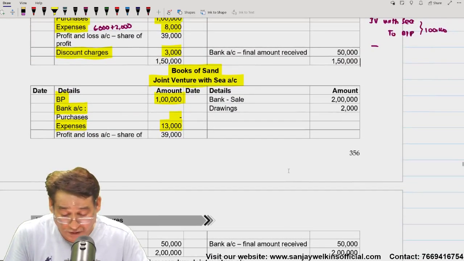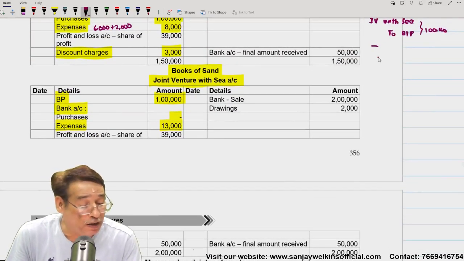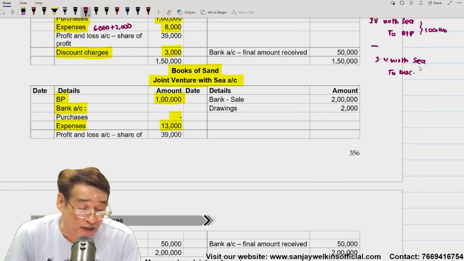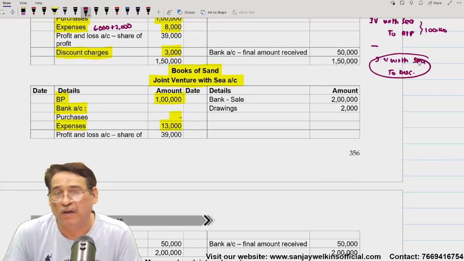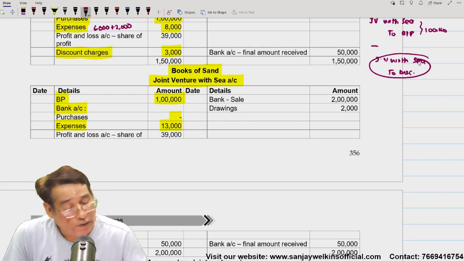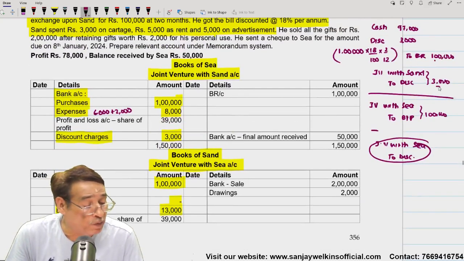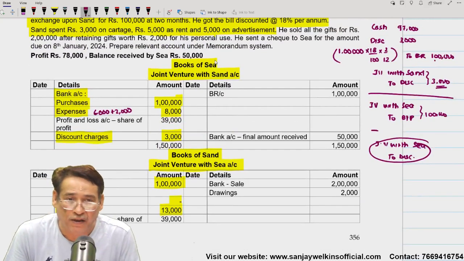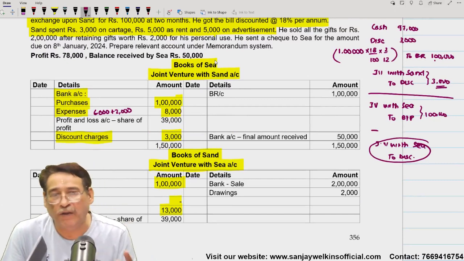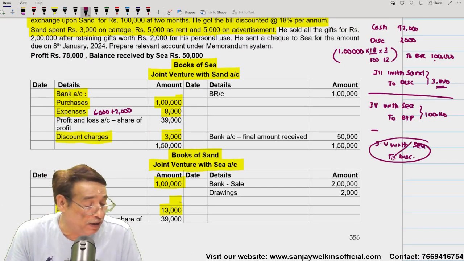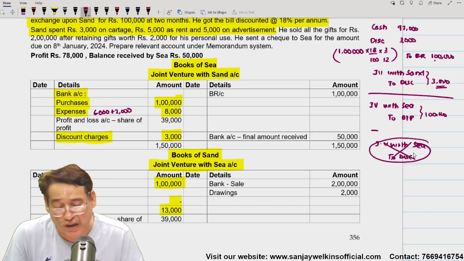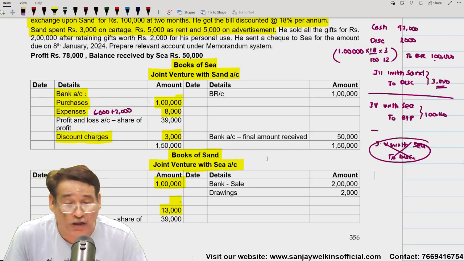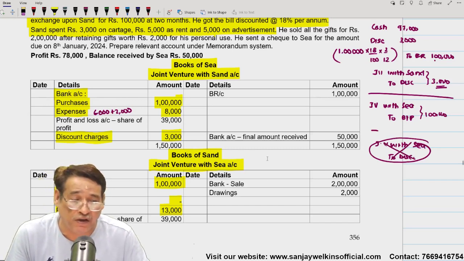Under this particular method, we are not going to pass any entry like this one: joint venture with C account debit to discount account. We are not going to pass this entry under this method. Is it clear to you? Because now we will presume that these expenses have been borne by C. So ultimately we will make him the final payment. It will get automatically adjusted. So we need not pass this particular entry. That is the point which you need to understand. Is it clear to you?